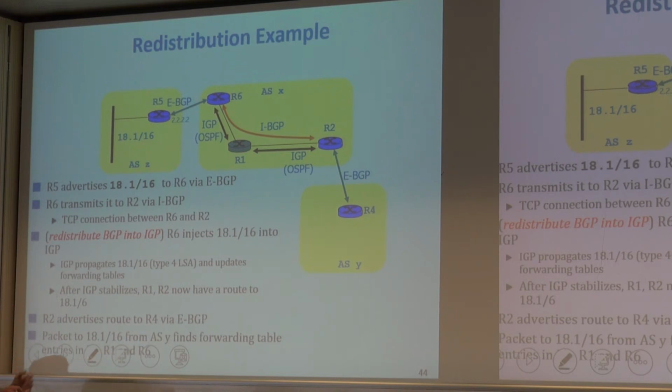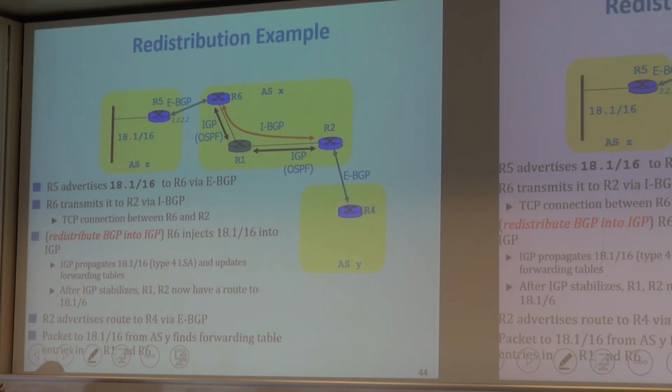Now, here OSPF, if we redistribute, probably it's not into RIP, but in OSPF. So OSPF will do its job. OSPF knows R6 is directly connected, not directly, but is connected to 18.1. OSPF has a lot of space for information, so OSPF will put a flag saying this is an external route. And R1 and R2 will learn about that route.